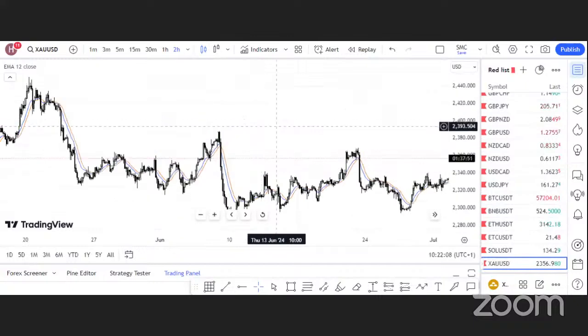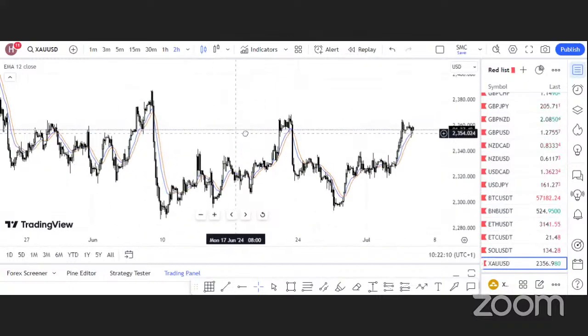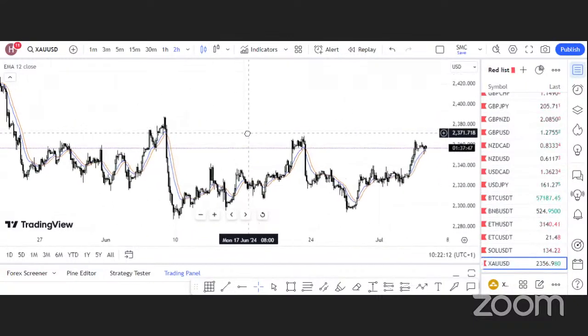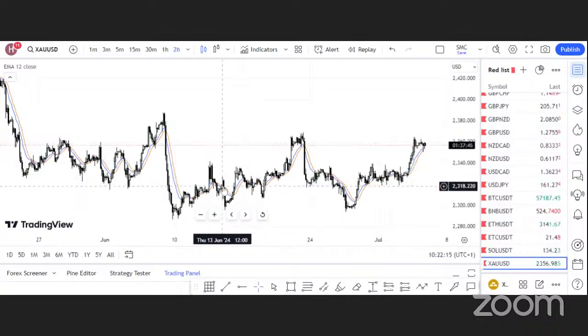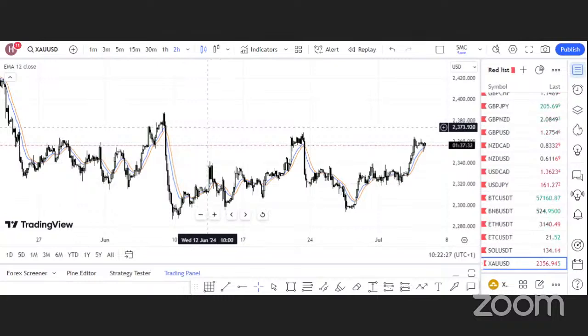So you see, this market has been ranging for quite a while now. You can see the up and down movement on XAUUSD.